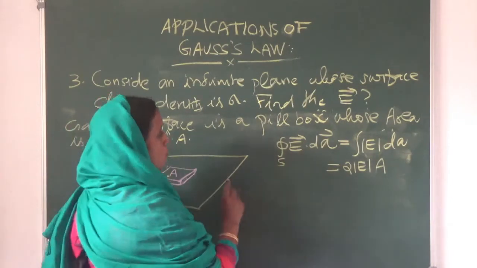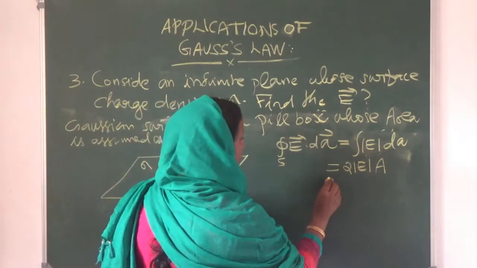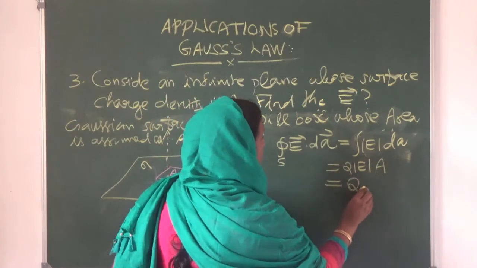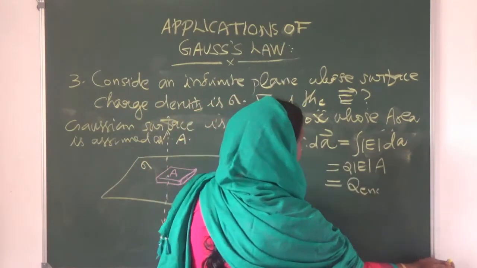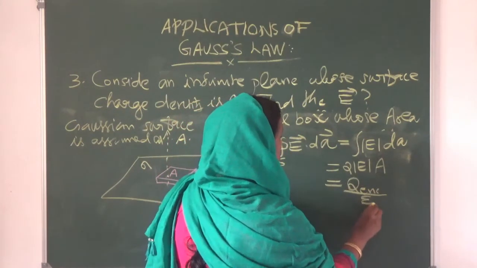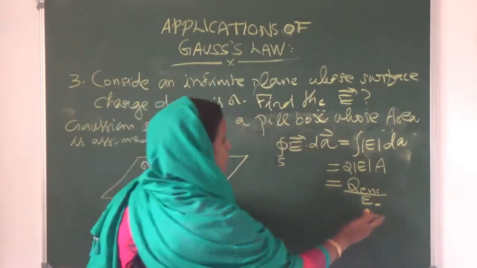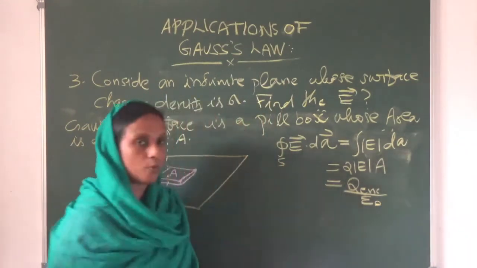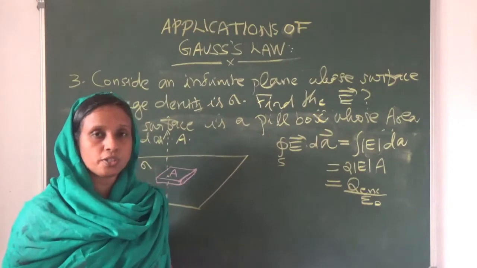Okay, now this is equal to Q enclosed by epsilon 0. What is this Q enclosed?